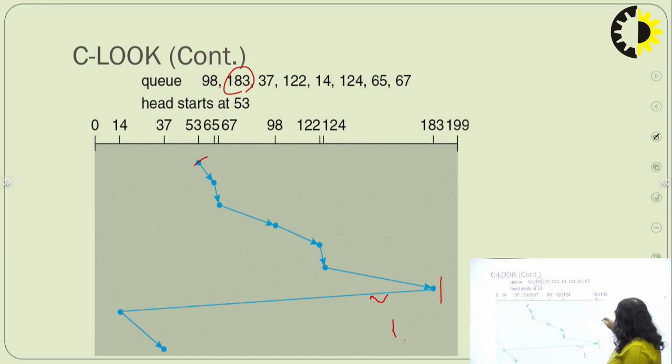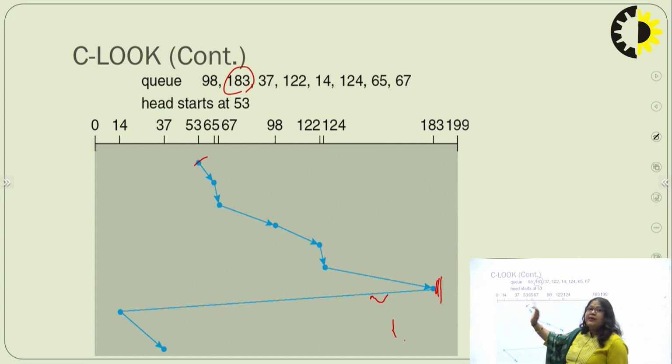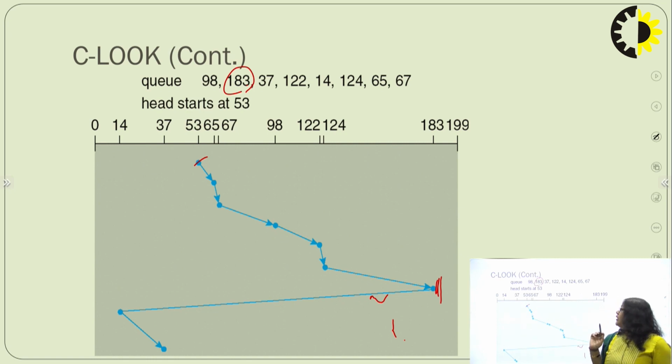So because 183 is the last number, then we reverse till which number? This reverse is not till 0, not the starting point. It just reverses till the minimum number of the queue, that is 14, the minimum number in this particular scanning queue. So we only move till 14. So this does not create overhead.